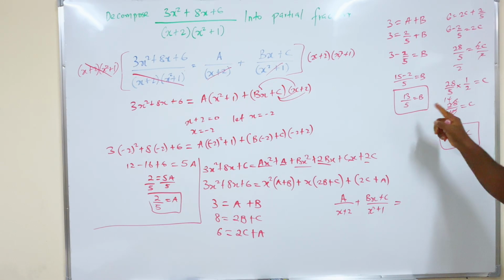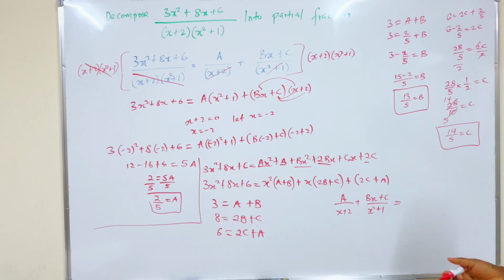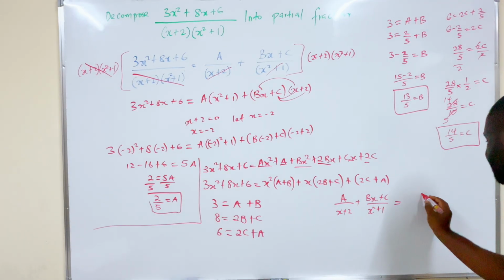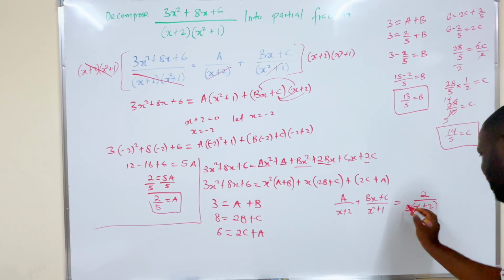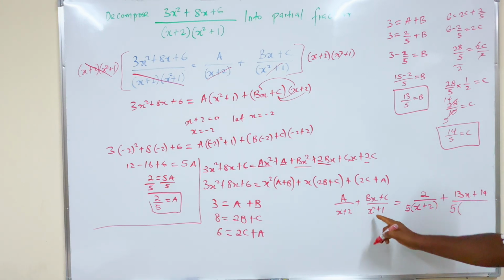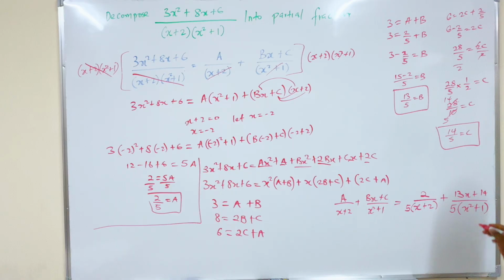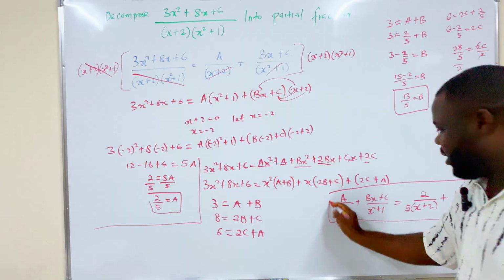You can see all three constants have the denominator of 5. So for a, we have 2 over x plus 2. What is the 5? You write the 5 outside like this. And you now say plus b. b is 13x, because we have bx, plus c. c is 14. Both of them have 5, so 5 multiplied by x squared plus 1. And they are all the same thing.